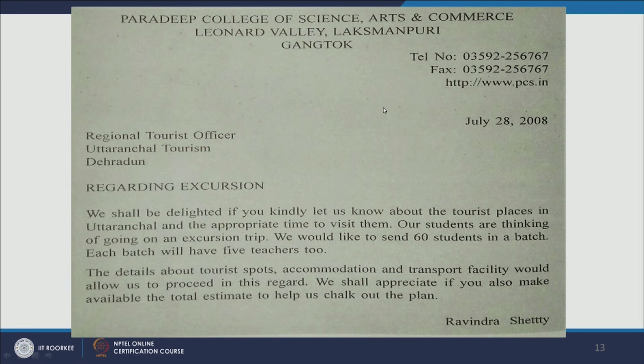Here you can find, after the letterhead and having given the date, the date is on the right hand side. Here there is only the designation of the person, regional tourist officer, and just below that there is no mention of any salutation. That does not mean it is hurting. Sometimes people may feel that it is insulting, but it is not the question.